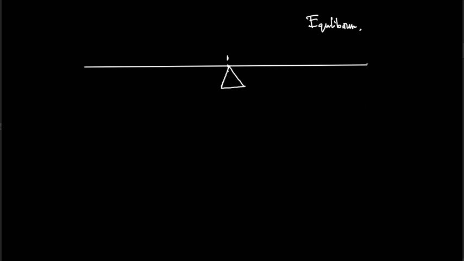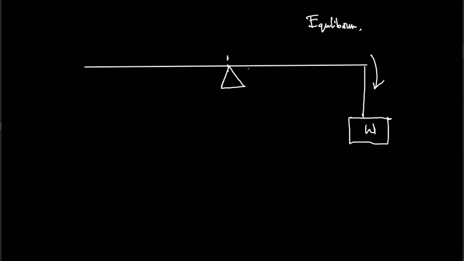Now, let's say we add a weight, or a force, here. Immediately, this is going to turn in this direction and might even fall over. So the moment of this weight about this turning point is given by what?